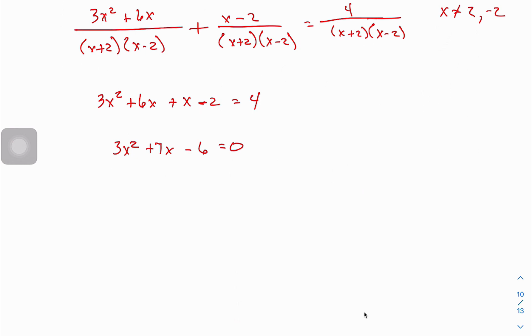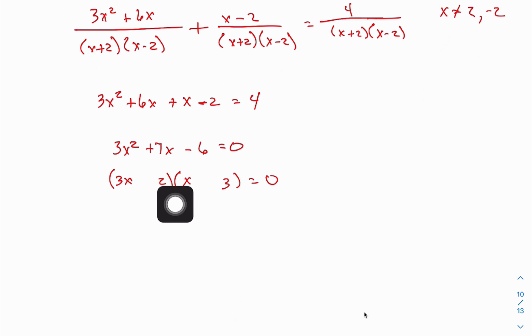And now we see if we can factor here. Factors of our first term, we've got 3x times x. And now we got to see if we can get factors of our second part here. So it could be 6 and 1, could be 2 and 3. Again, I'm just going to check some things here. So let's say we put in here 2 and 3.